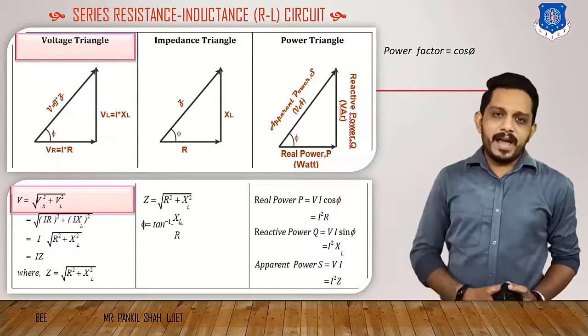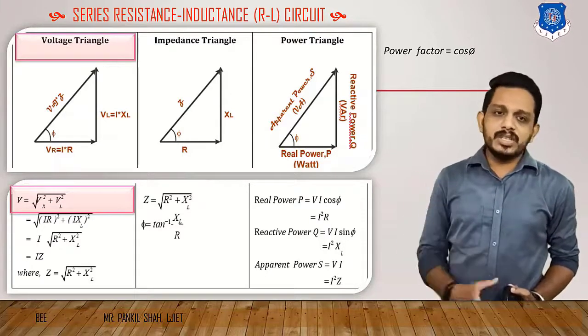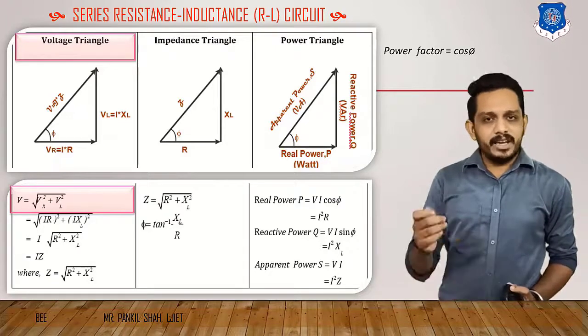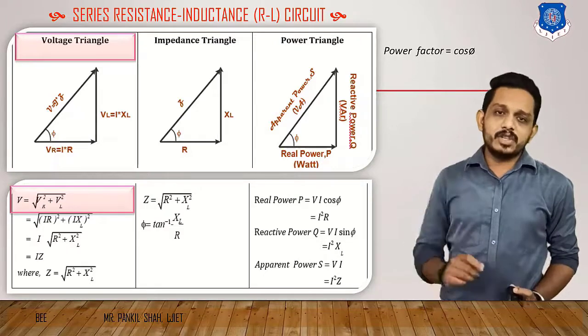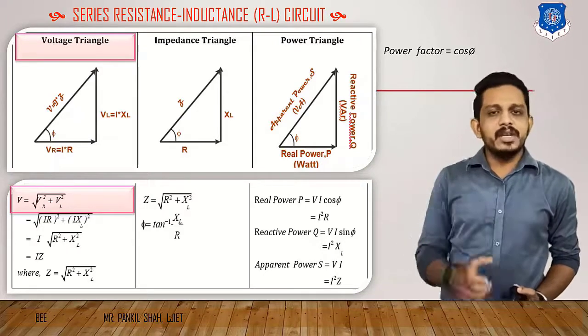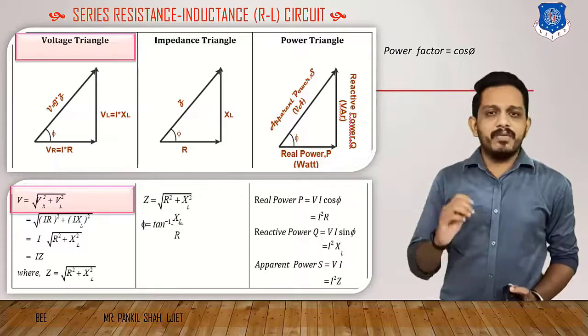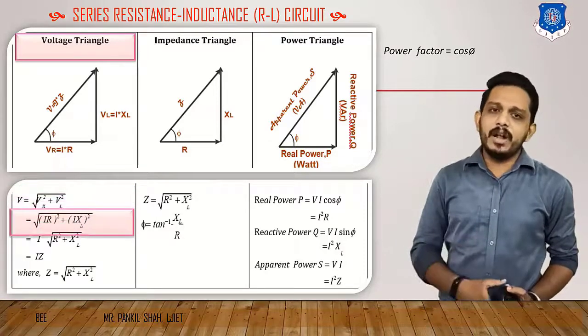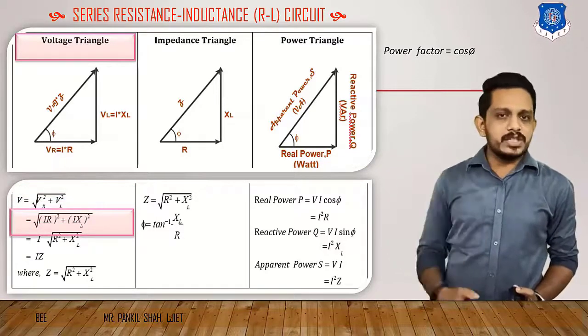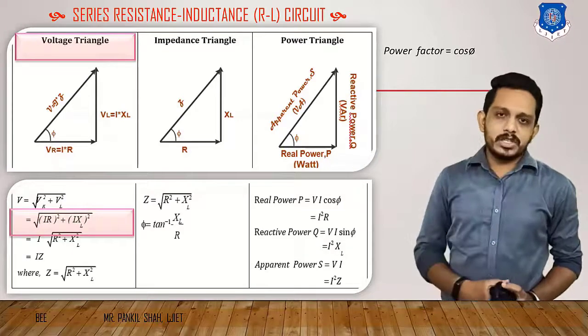If we apply the Pythagoras theorem to this triangle, then we obtain the equation: the resultant voltage V is equal to the square root of VR square plus VL square. If we put the values of VR and VL in this equation, then it will be the square root of (IR) whole square plus (IXL) whole square.